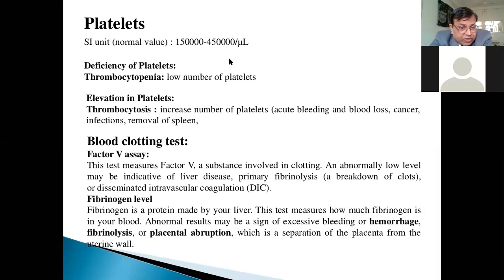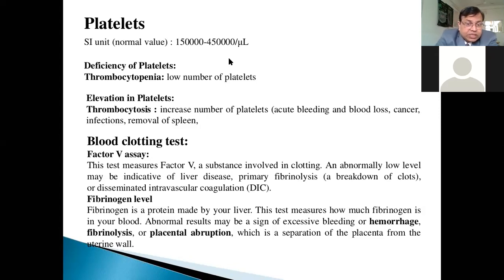The fibrinogen level: fibrinogen is a protein made by the liver. This test measures how much fibrinogen is in your blood.